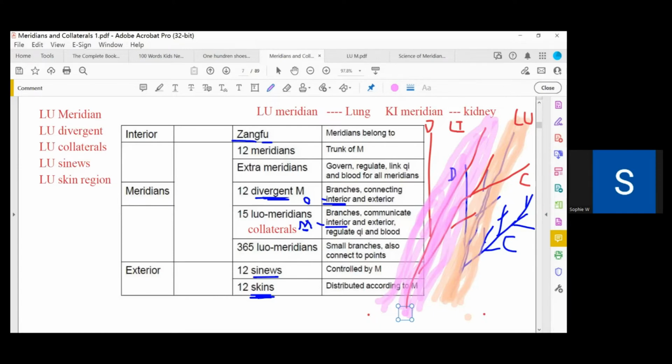There are totally 12 of them. And all 12 skin regions will cover our whole body.